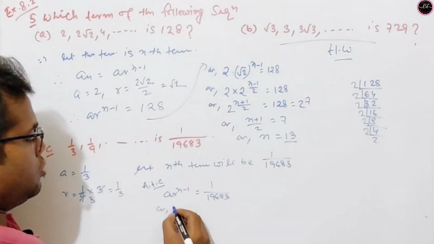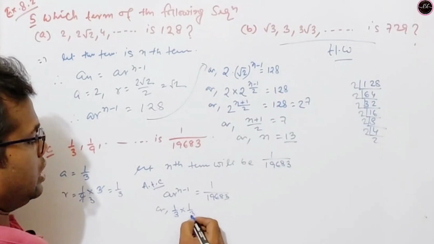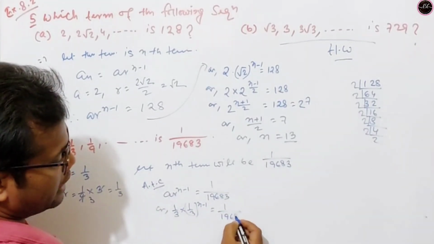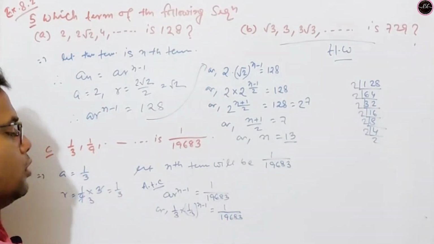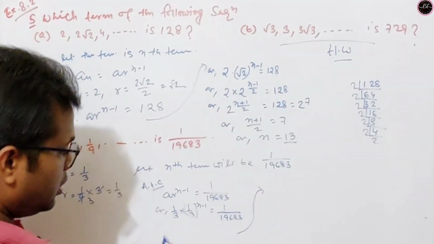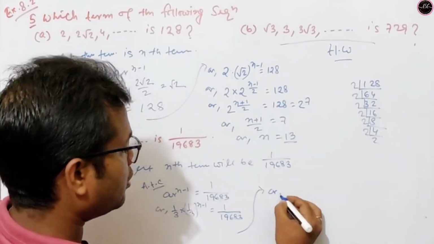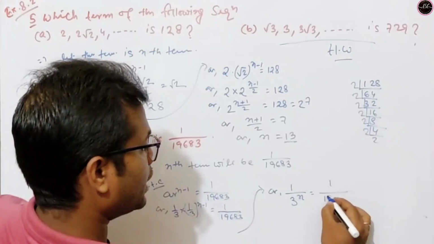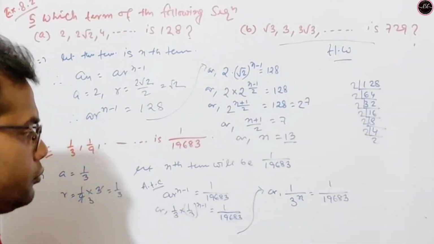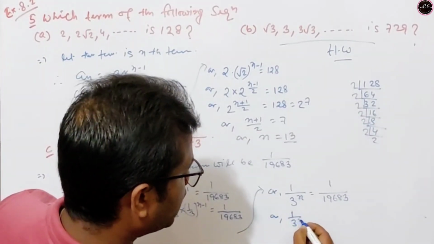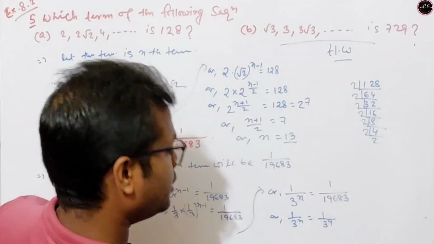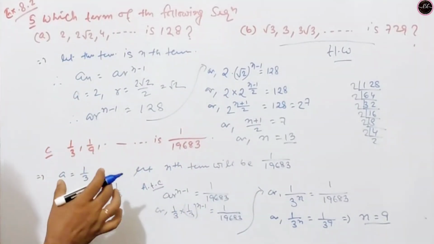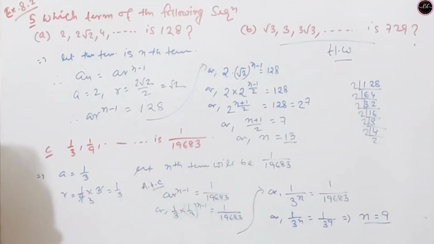Or (1/3)^n is equal to (1/3)^9. So this implies that n equal to 9. So the 9th term will be 1 by 19683.